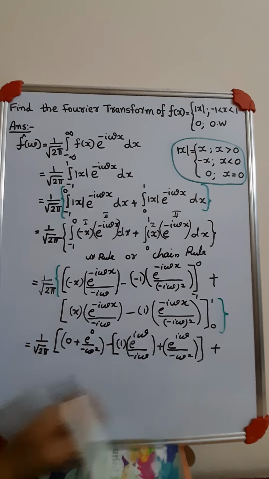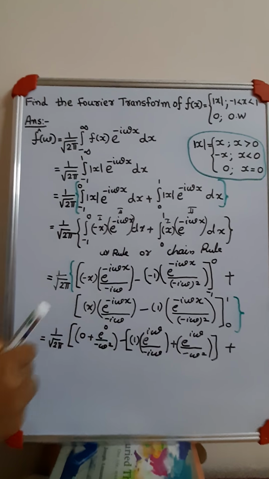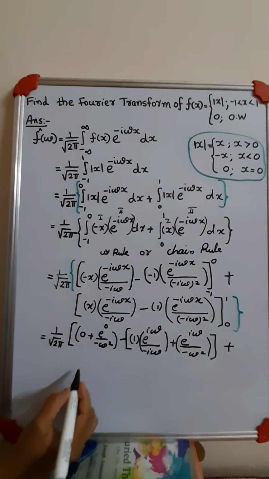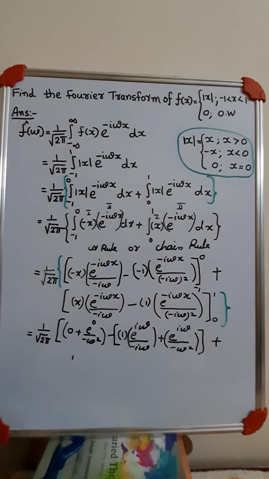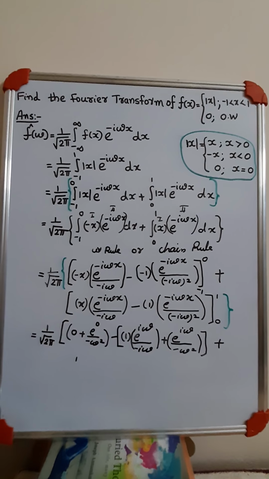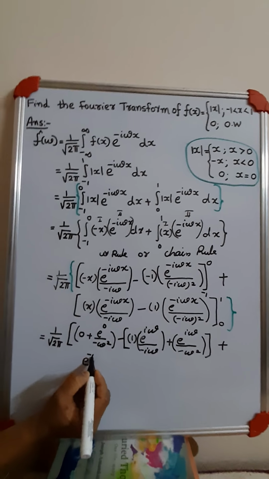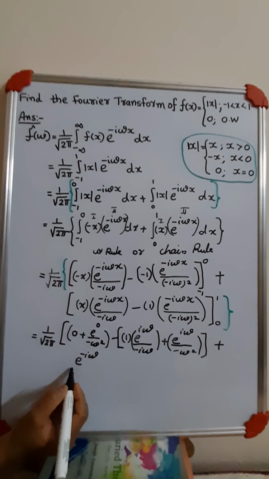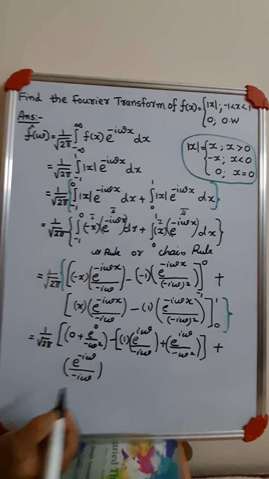Then plus, substitute the lower limit and upper limit for the second term. Put x equal to 1 into e raised to minus I into omega into 1, that is e raised to minus of I omega divided by minus of I omega.